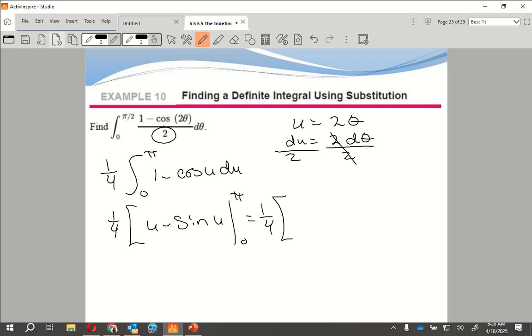is going to give me... every place that there's a u, I'm going to put in pi. Isn't it a plus sine? Pi, right? So I get pi minus... what's a plus sine? U plus sine.